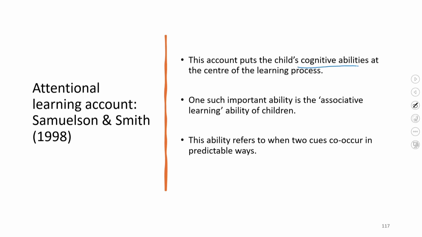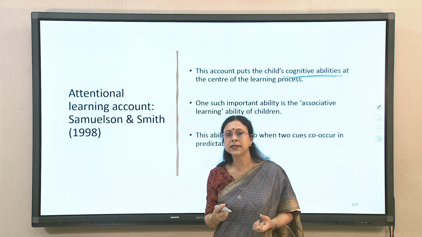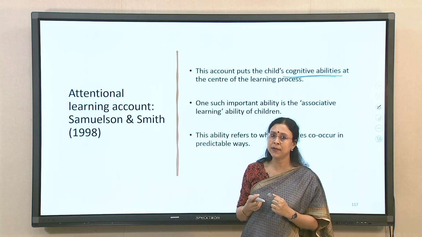So, not the socio-cognitive, social cues, but the abilities of the child himself or herself, the cognitive abilities. One such ability is the associative learning ability of children. What does that mean? Associative learning ability means if two things co-occur enough number of times, then you understand and code them similarly.